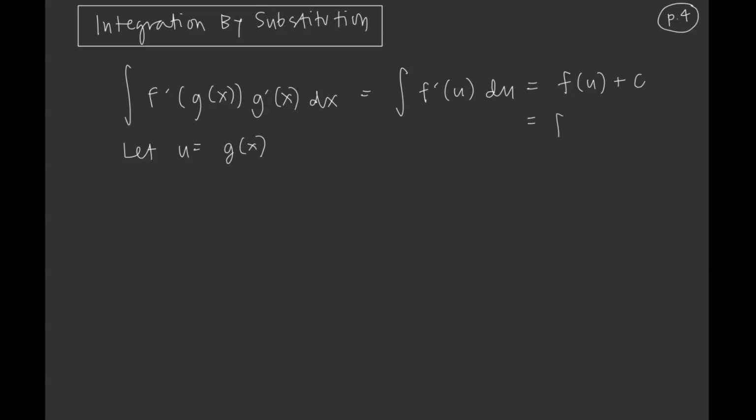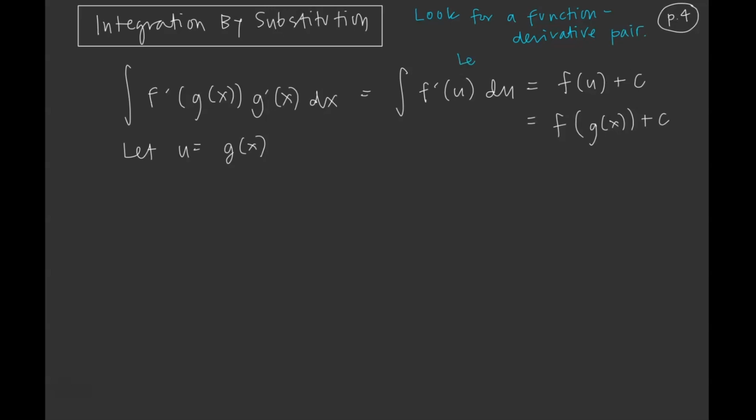We then go back to our original variables, f of g of x plus c. So what we've done essentially is recognize there's a chain rule that happened, make a really clever substitution that makes the integral here much easier than the integral over here, find that integral, and then put everything back into the original variables.